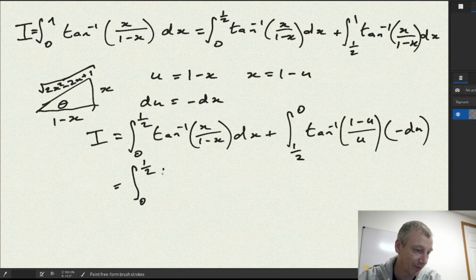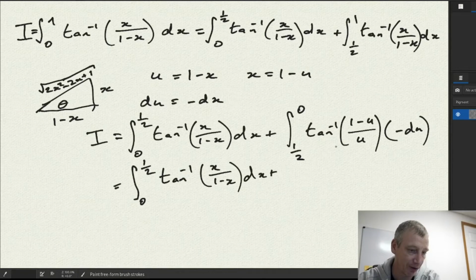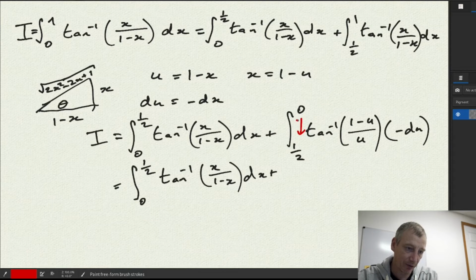0 to a half tan inverse x over 1 minus x dx plus. We can just swap the bounds here and multiply by minus 1. But then we've got this minus in here. So swapping the bounds and multiplying by minus 1 in here gives us the same thing, right?